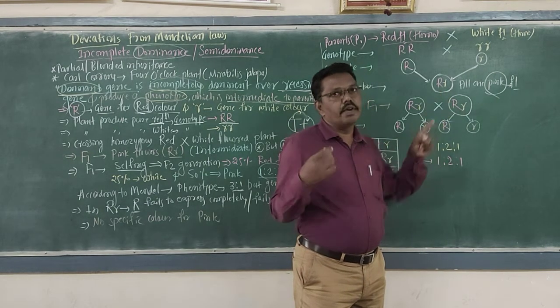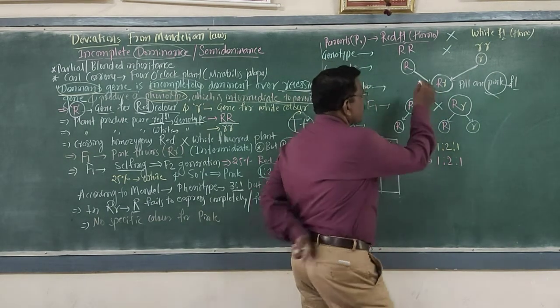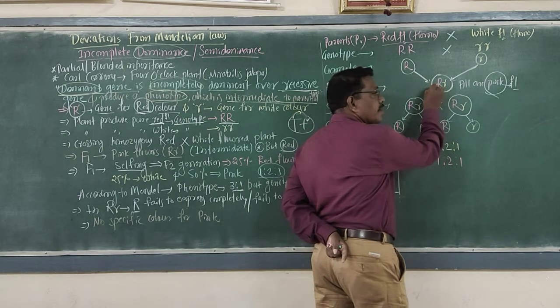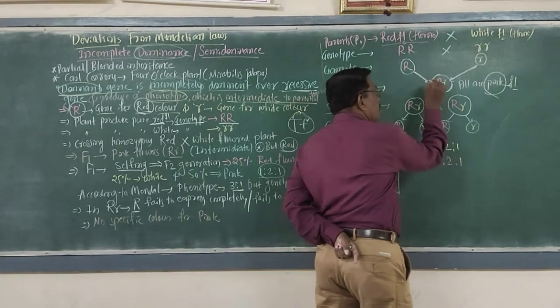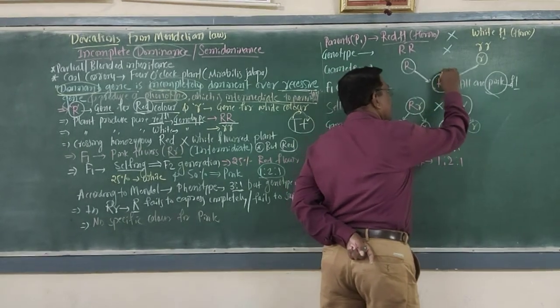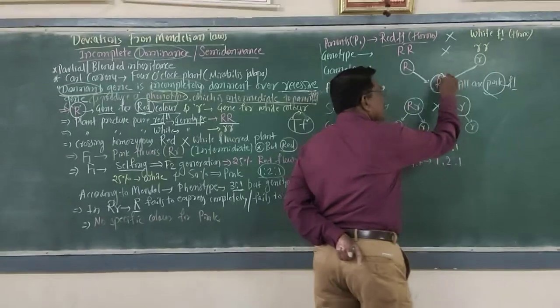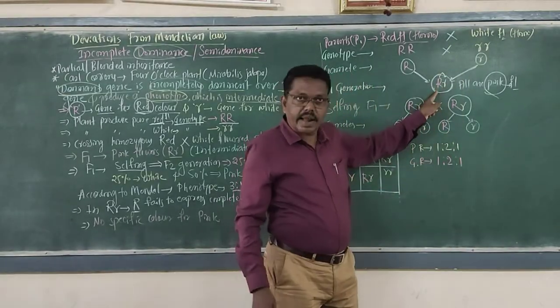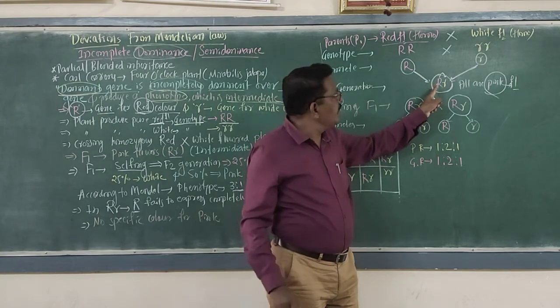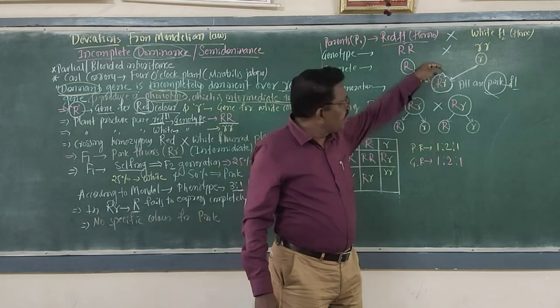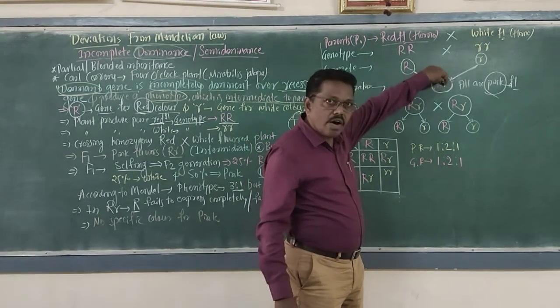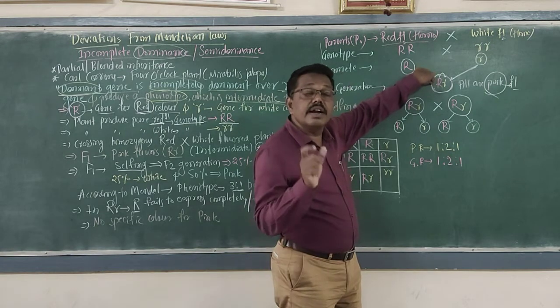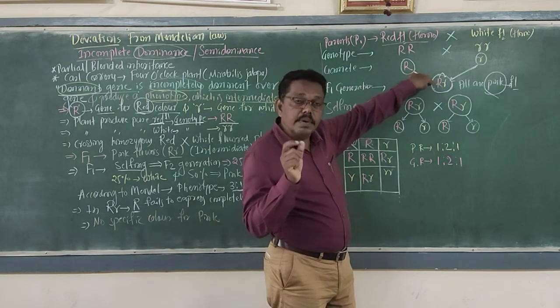Mendel's first law fails because Mendel's law assumes complete dominance. If capital R were completely dominant over small r, imagine, automatically a red flower would be produced.